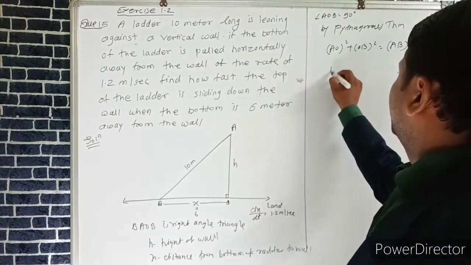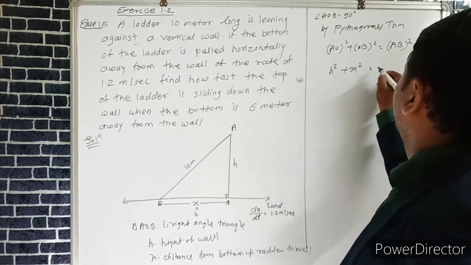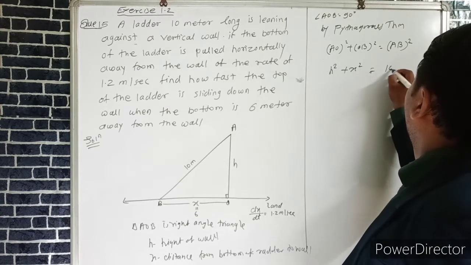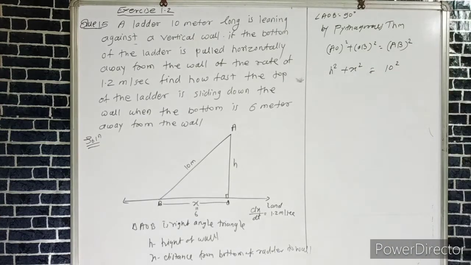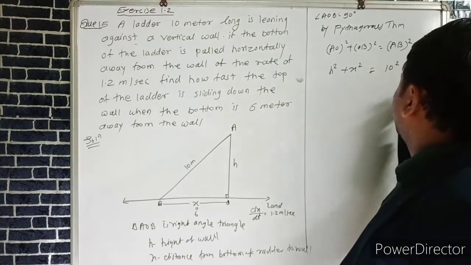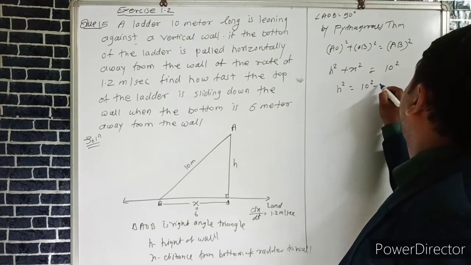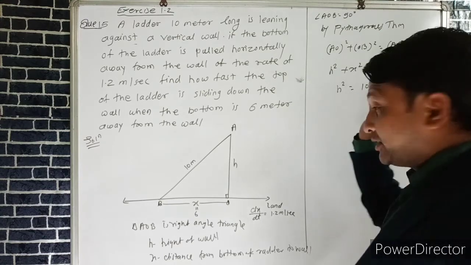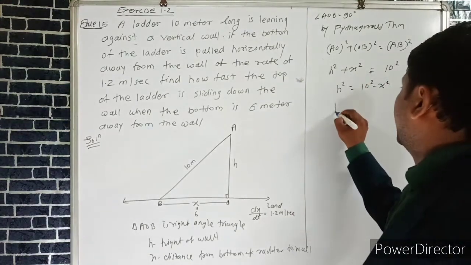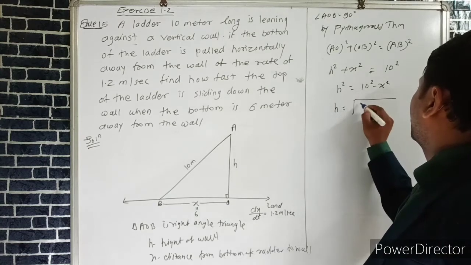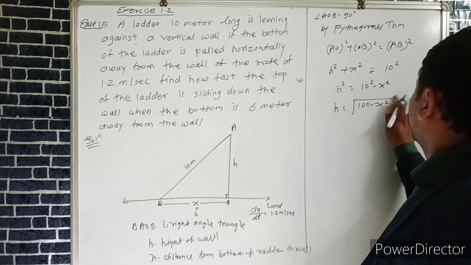AO square, which is h square, plus x square is equals to the distance AB, which is 10 square. If we shift this x square to the right side, we can write h square is equals to 10 square minus x square. Taking square root on both sides, h is equals to under root of 10 square, which is 100, minus x square.